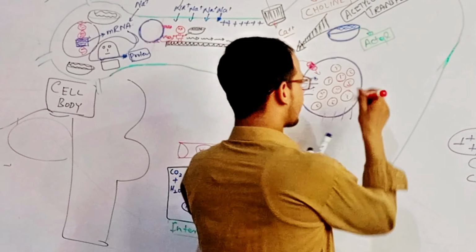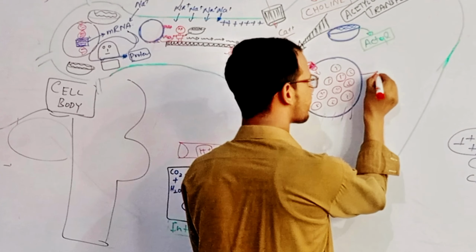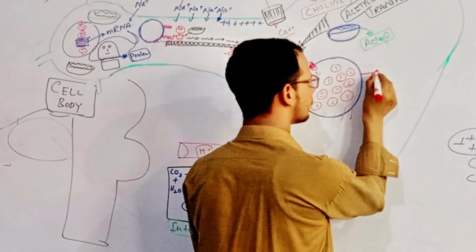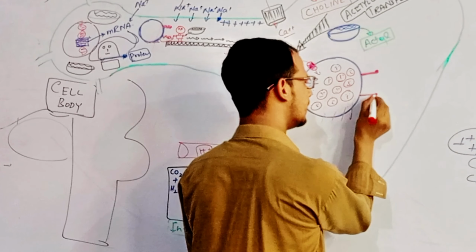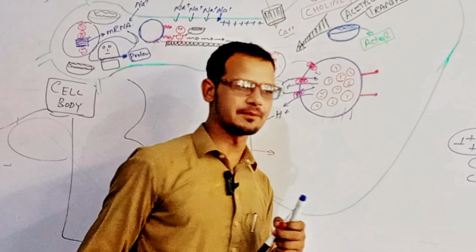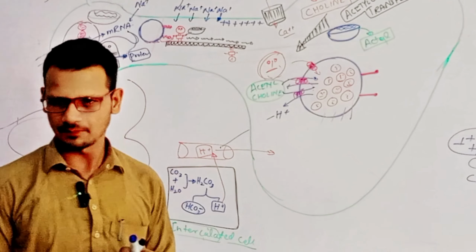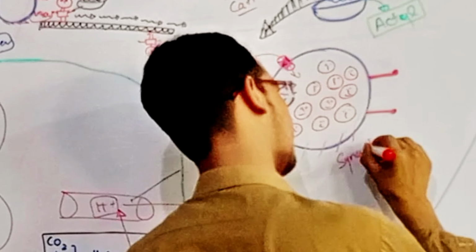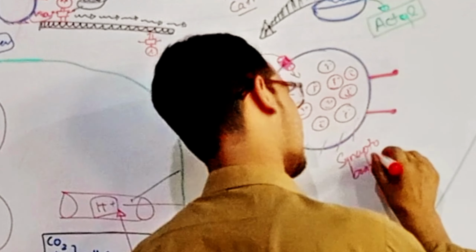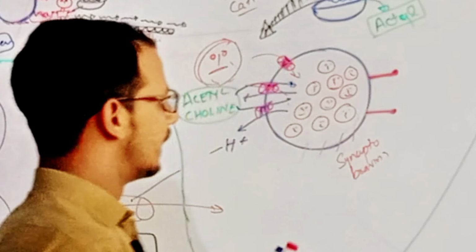These vesicles have a very special type of proteins, and these proteins are called V snare proteins, synaptobrevin. They are called synaptobrevin, right.